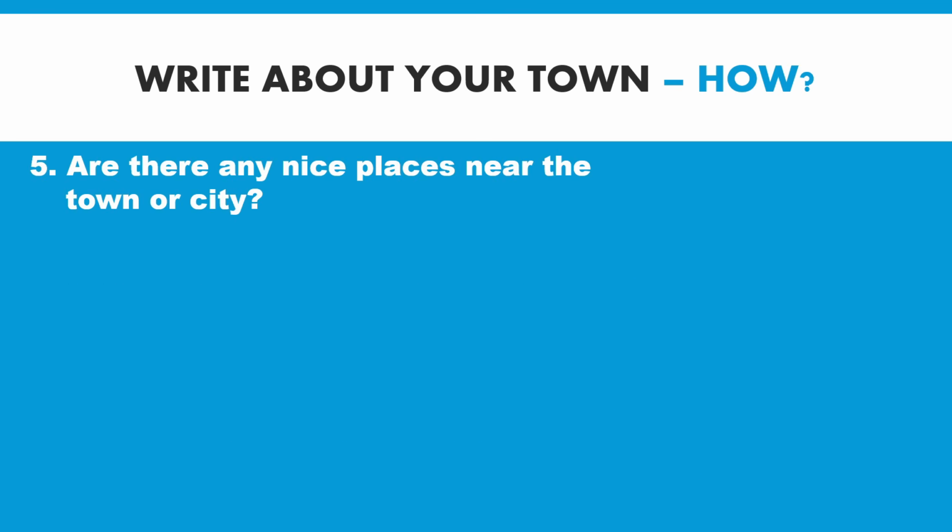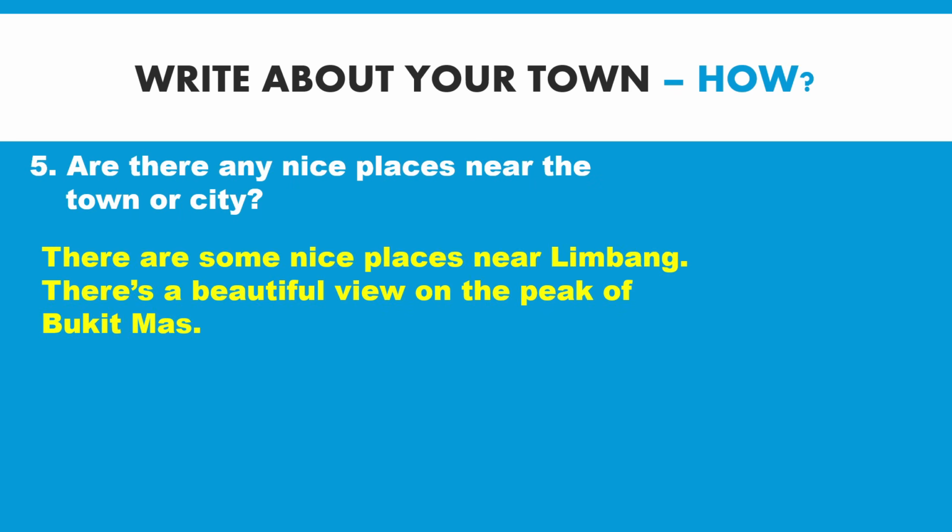Next question. Are there any nice places near the town or city? So we have to tell what are the popular places in our town. I believe in every town or city, regardless of its size, whether it is big or small, there must be at least one landmark or a popular place to visit. So my answer here is, there are some nice places near Limbang. Because the question asks, are they?